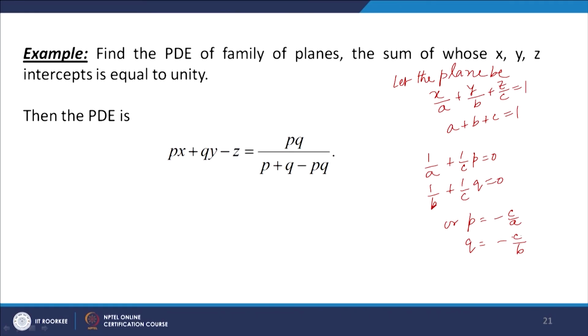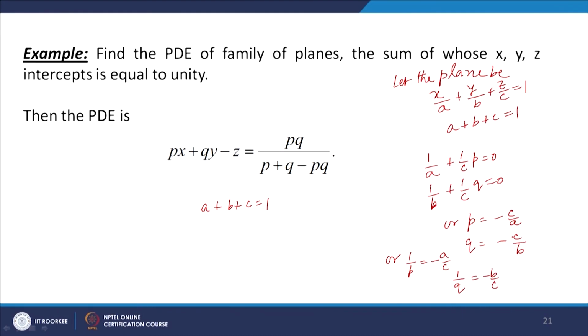Now we want to find this relation here. So 1 by p is equal to minus a by c, and 1 by q is equal to minus b by c.